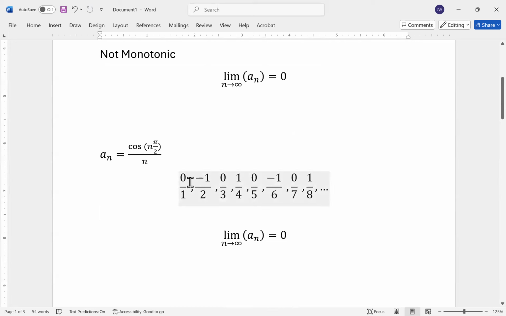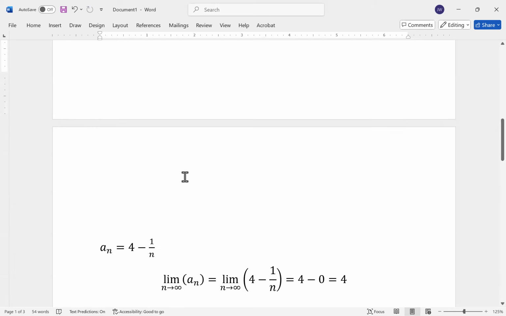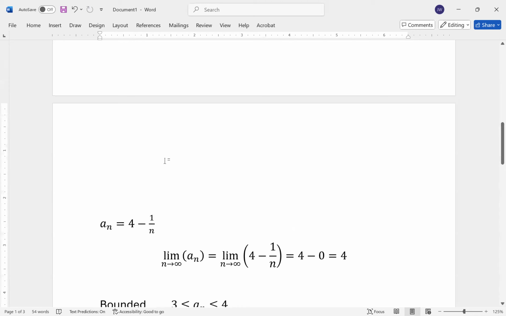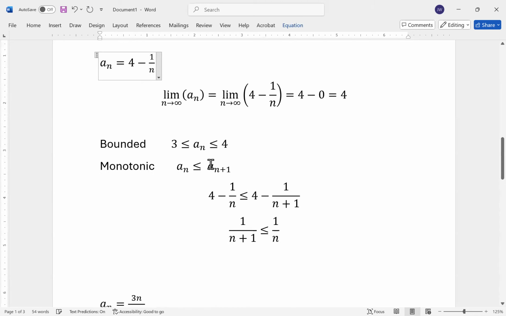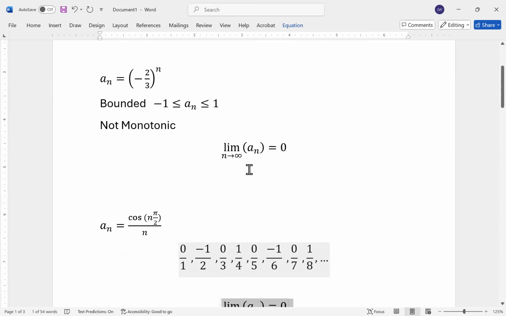So my point of this is twofold. Bounded monotonic sequences always are going to have limits. But you can still get limits if your sequence is not monotonic, like in these two examples.